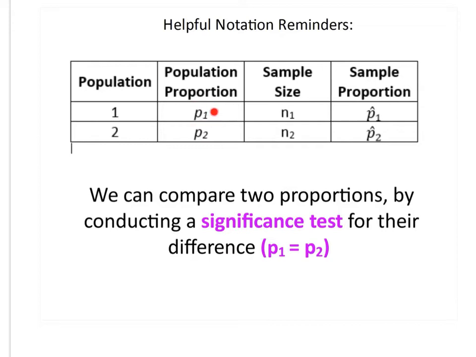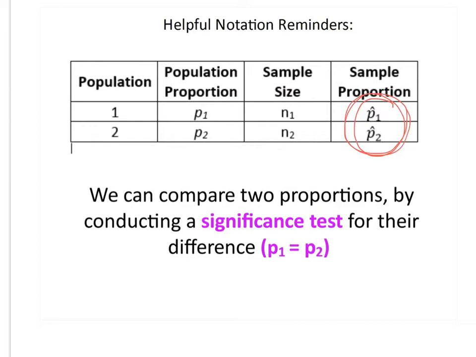There's some true proportion, but I don't know this proportion, so I take samples from each population. Population 1 has sample size 1, population 2 has sample size 2, and from each sample I get a sample proportion, or p-hat. And this p-hat, like we said, is where I'm going to be doing most of my testing.